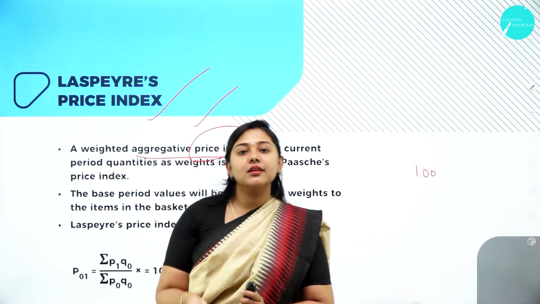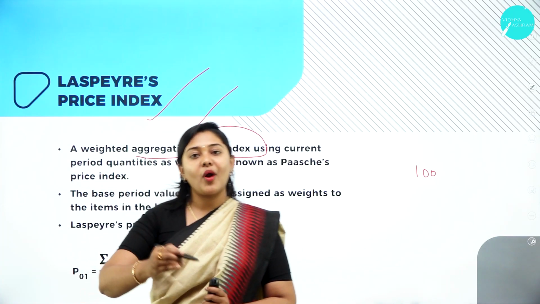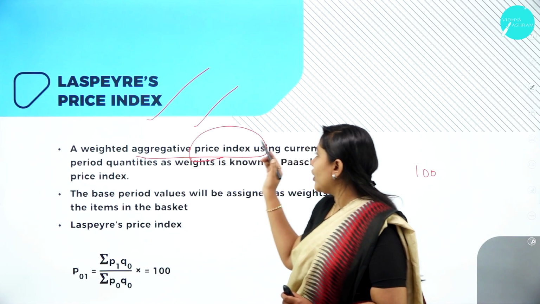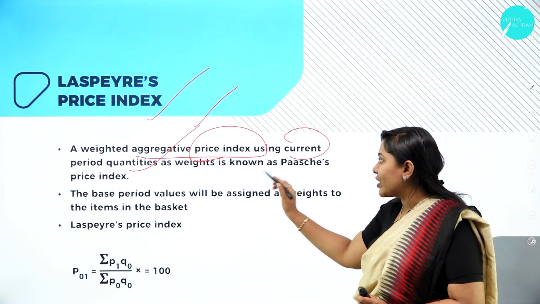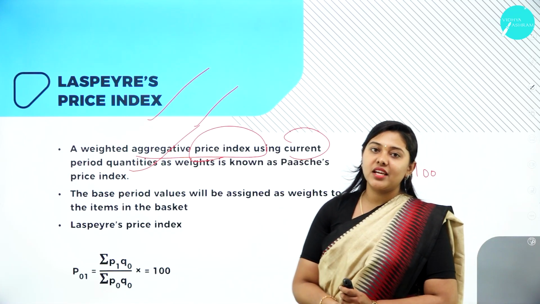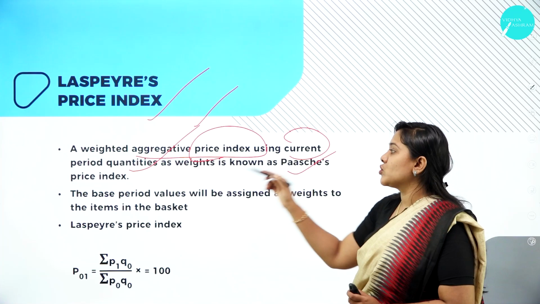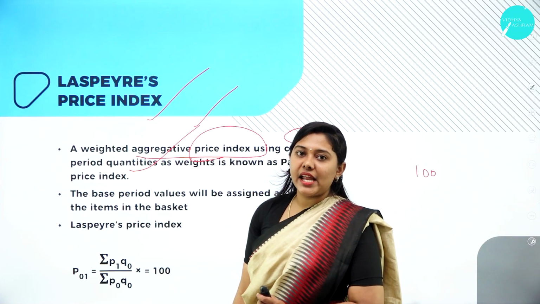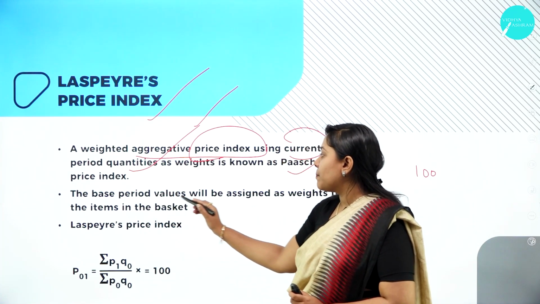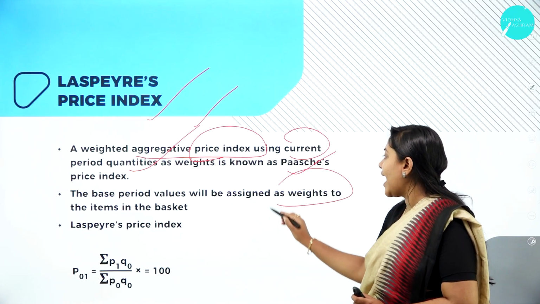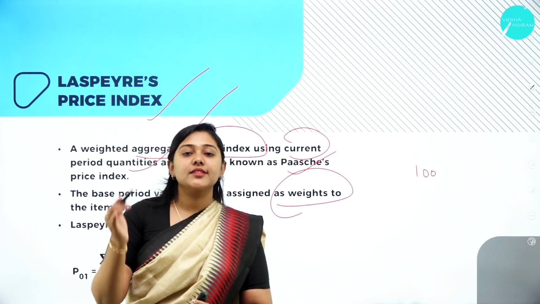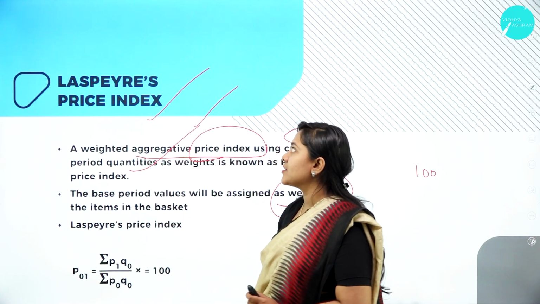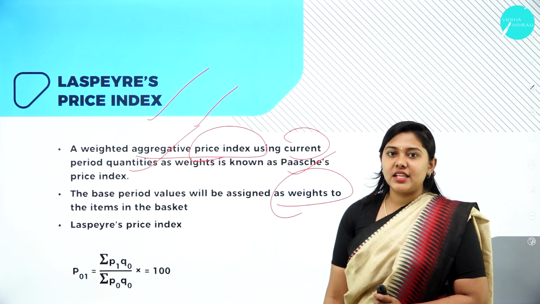When you use the current year quantity as a weight to calculate the weighted aggregate price index, it is the Paasche or purchase price index method. The base period value will be assigned as weight to the items in the current year basket. That kind of method is called what? Last price index.